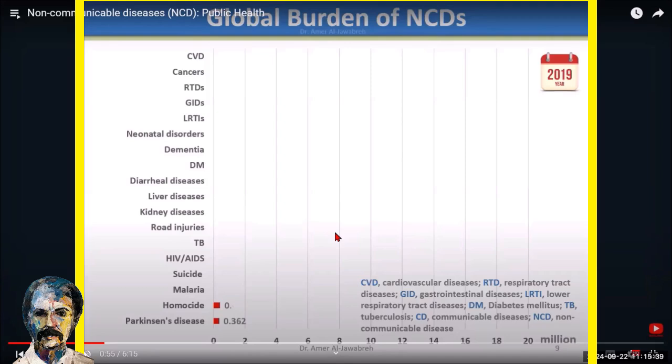Out of these 55 million, 41 million are from NCDs. Can you imagine? Almost 75% come from NCDs. That tells you how bad NCDs are, and the burden of NCDs.